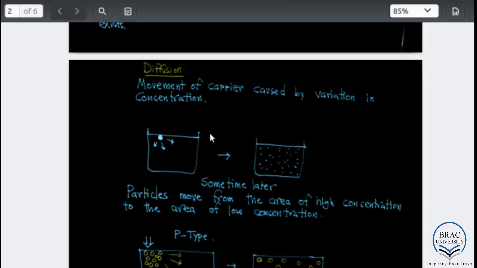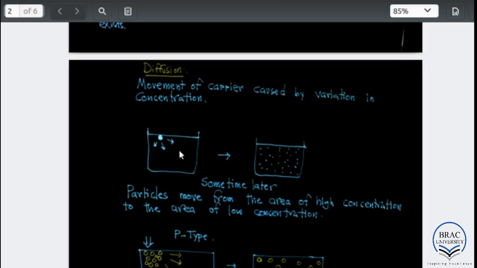Let's say we have a water jar, which is filled with clean water, and then we put a drop of ink inside that. So you would notice that the moment the drop of ink is poured, this region will become blue, but the rest of the water will still be clear.